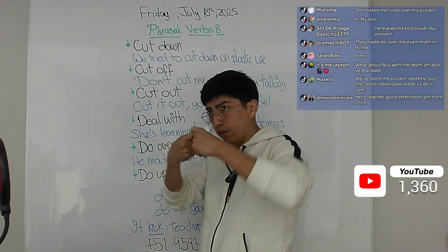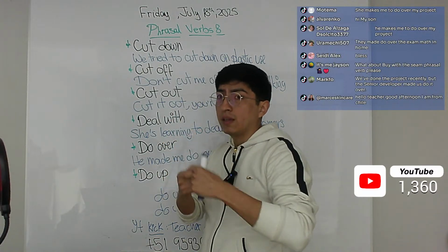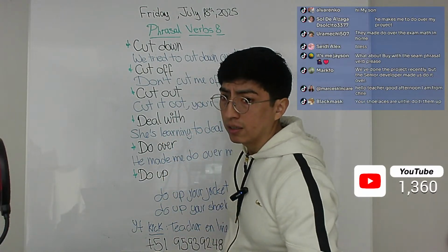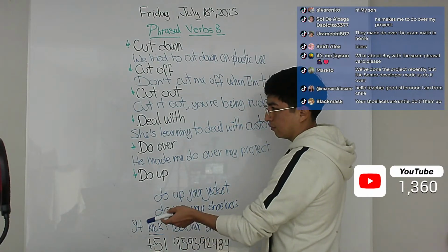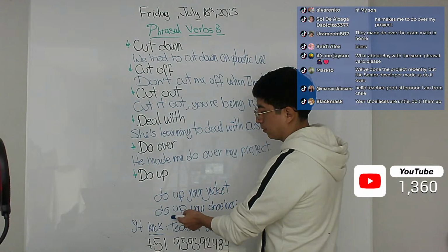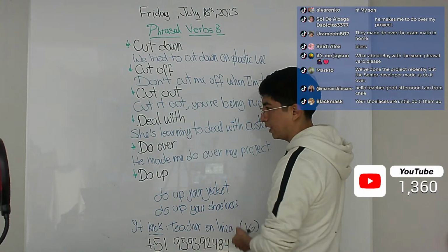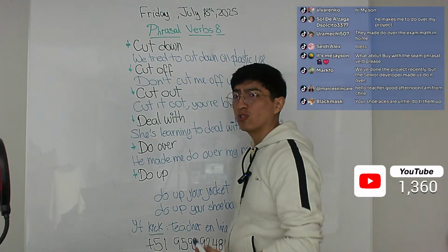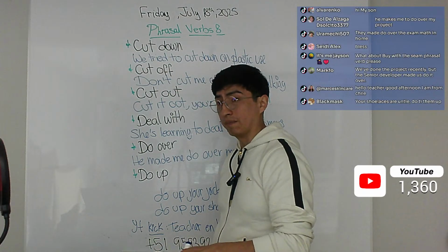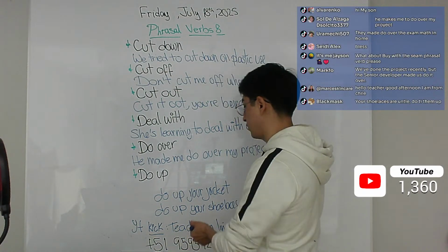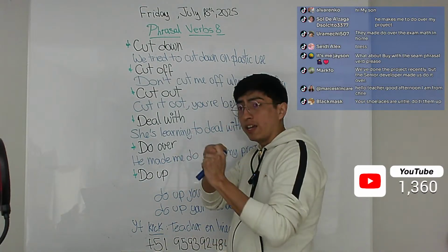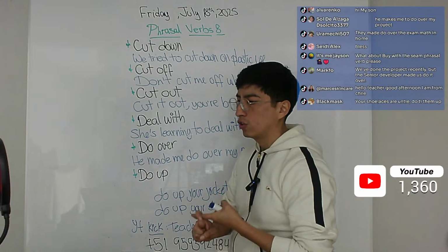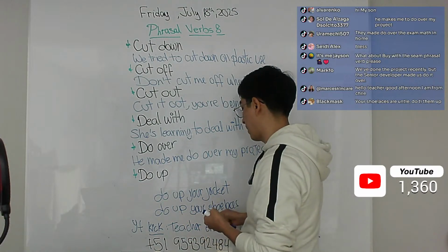We tie them, but sometimes they untie. So we can say, "Hey, be careful. Do up your shoelaces." So your shoelaces are untied. You have to tie them again to do it up.